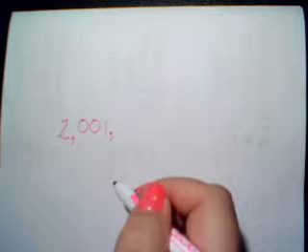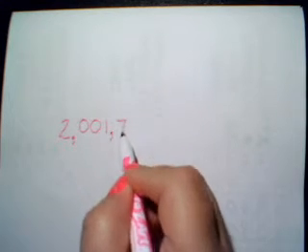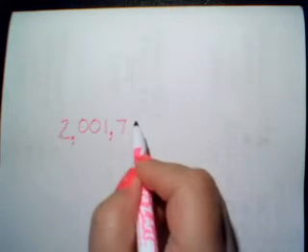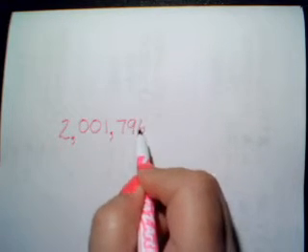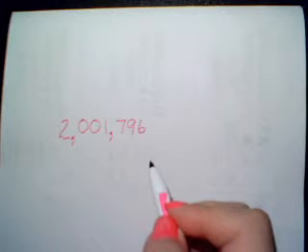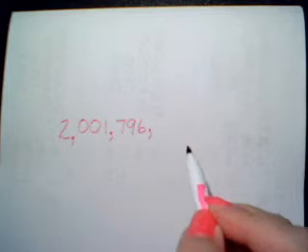Okay, so the number was 2 billion, 1,796,000. So we have 700, we have a tens, 90, and we have 6. Those are all in the 100,000s. We're going to put our next comma in.